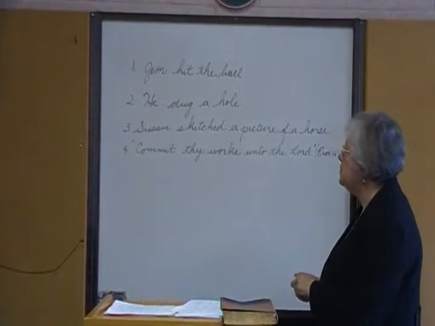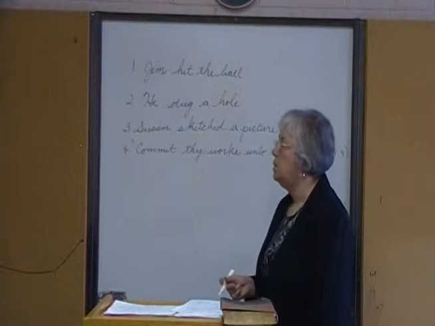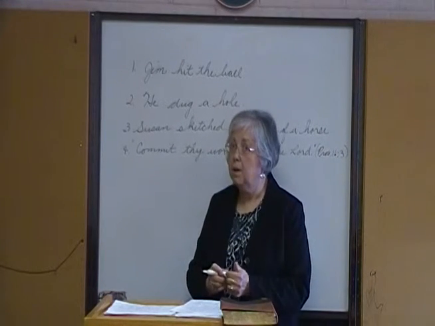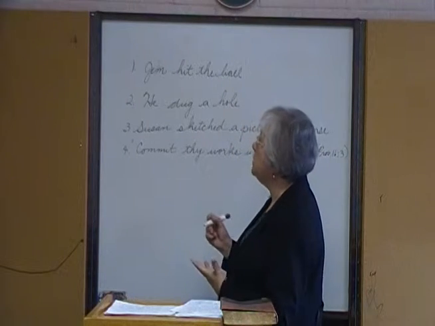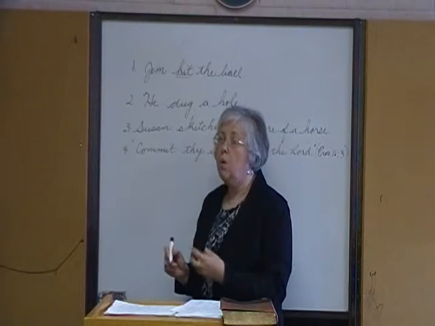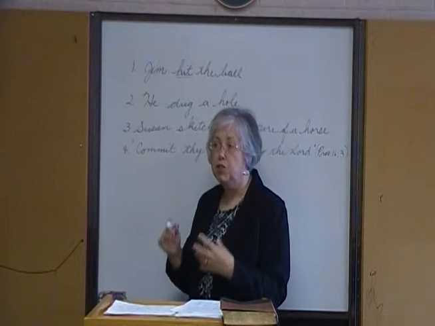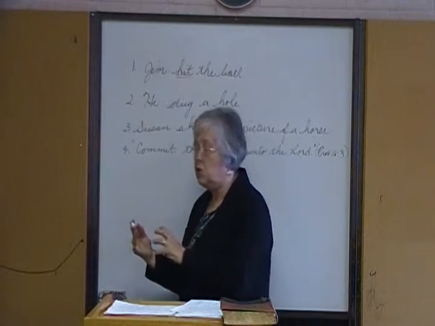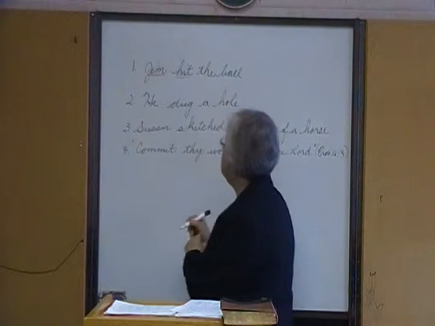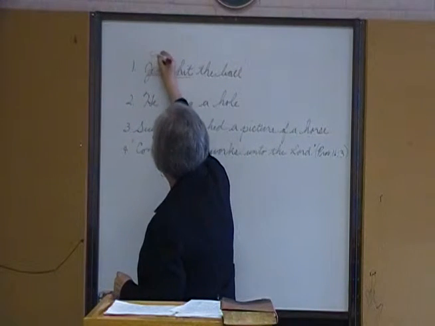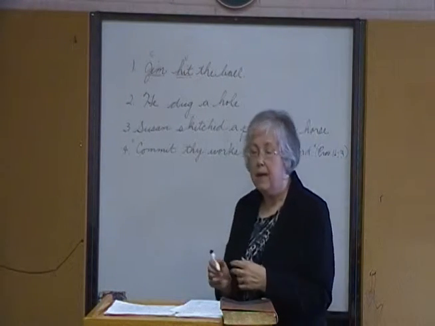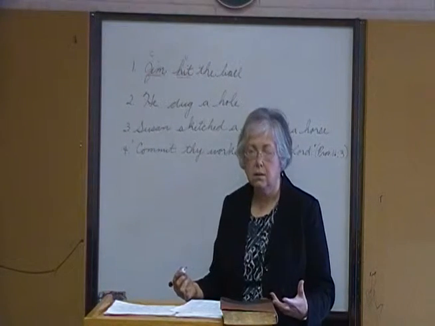Let's look at our examples. Jim hit the ball. All right, let's follow what we learned from before. Always find the verb and the subject. What's the action of the sentence? Hit. Who or what hit? Jim is performing the action. So Jim is our subject. Subject and verb. Jim hit what?